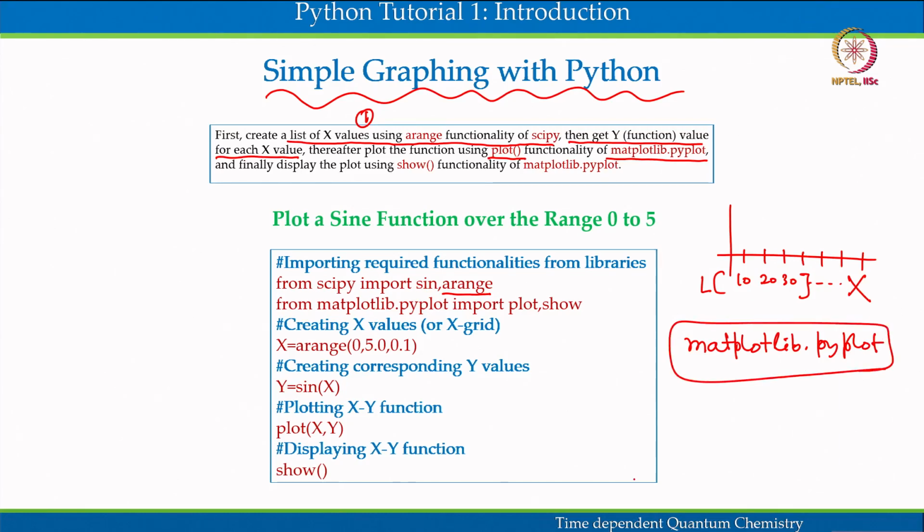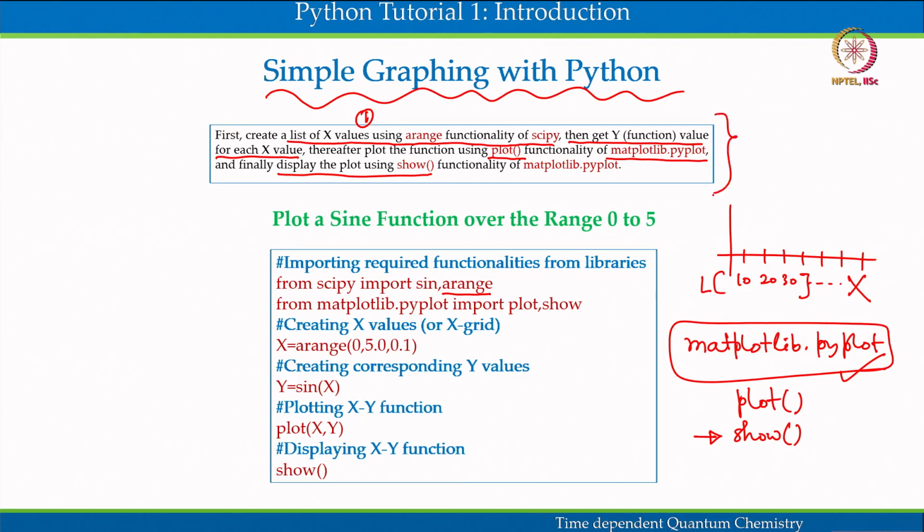In this module there is a functionality called plot, and we will be using this plot functionality. In the same module we have another functionality to display the plot, called show. Without this show functionality we will not be able to display the graph.